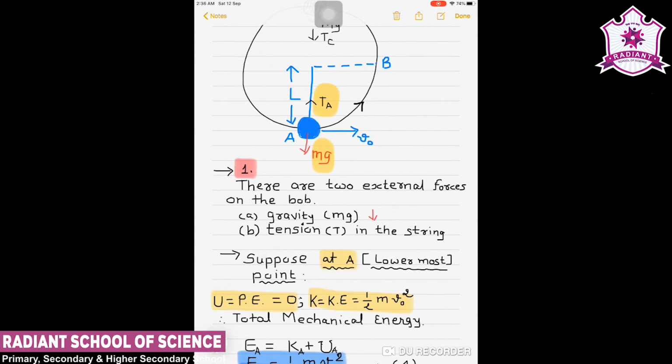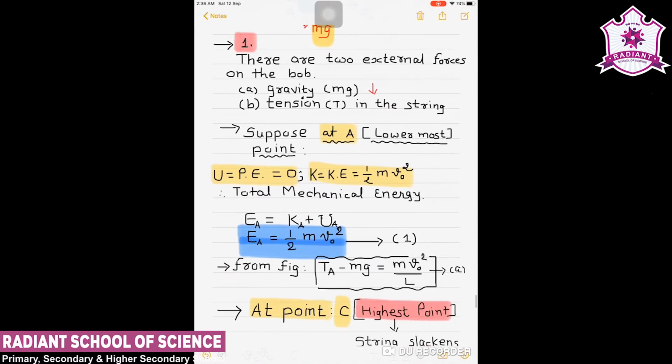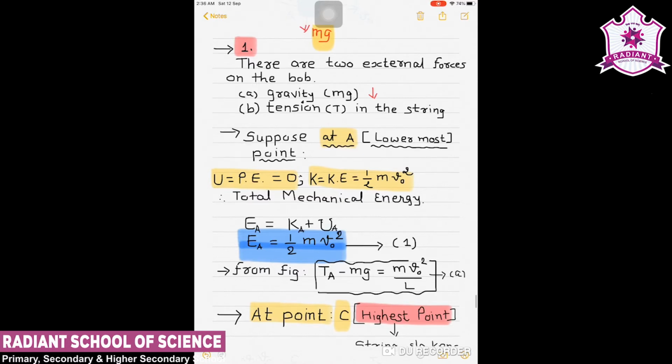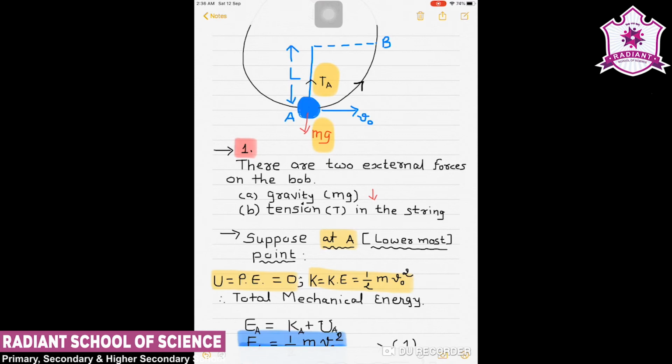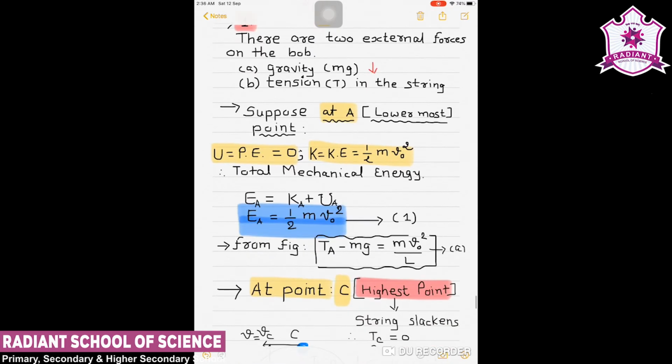This circular motion requires centripetal force, and therefore the equation is given by TA minus mg is equal to m v0 square over L, where L is the radius as well as the length of the string. So this will be our another piece of information, given by equation A.